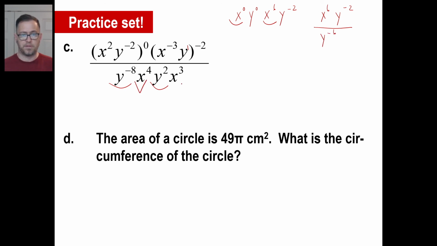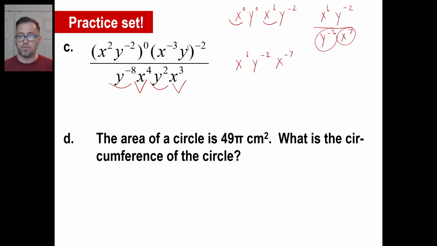x to the 4th times x to the 3rd is x to the 7th, okay? And let's just say we want to put everything in the numerator, all right? If we do that, we already have x to the 6th times y to the negative 2. If I move this x to the 7th up there, it turns into x to the negative 7.